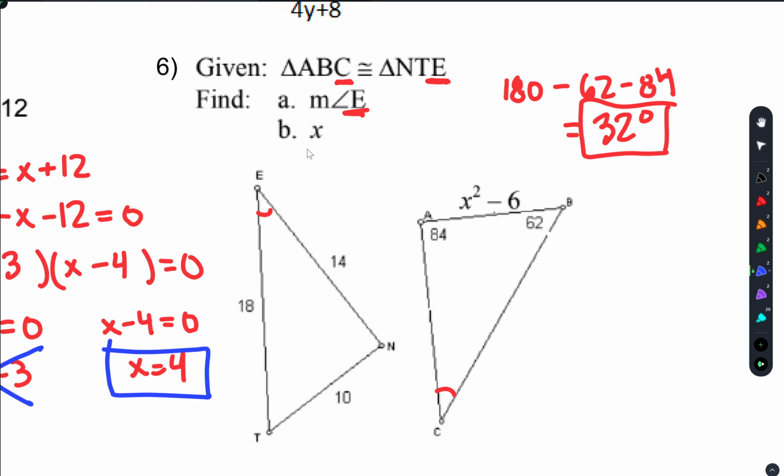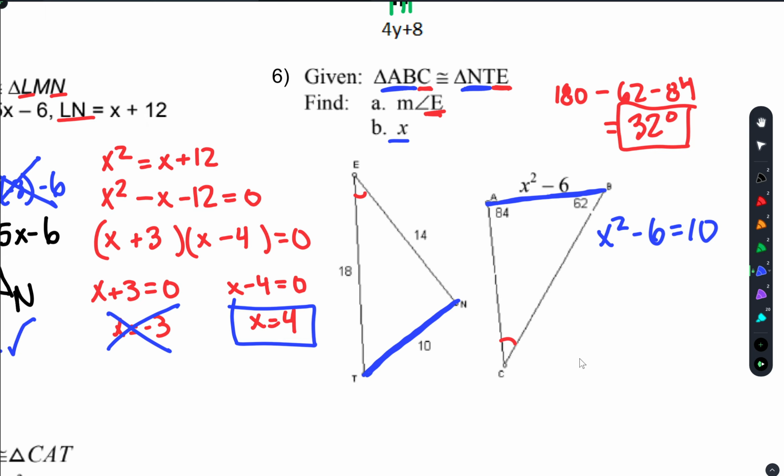Now define x. The only thing that I have with x is AB, this segment right here. So AB, first two letters, NT, also the first two letters. So those two pieces must correspond. x squared minus 6 equals 10. Here's the difference between the one that we just did in number 5 and this one.